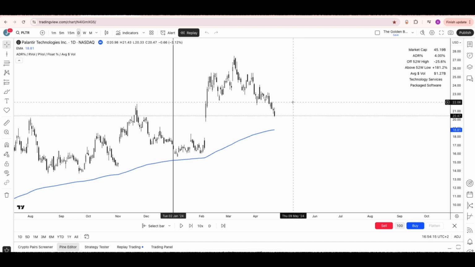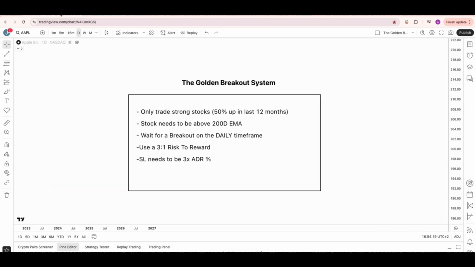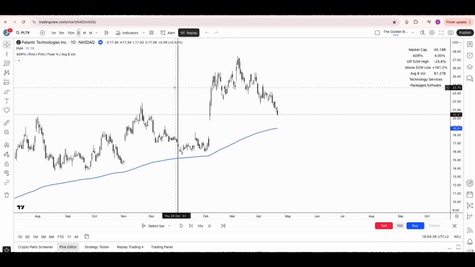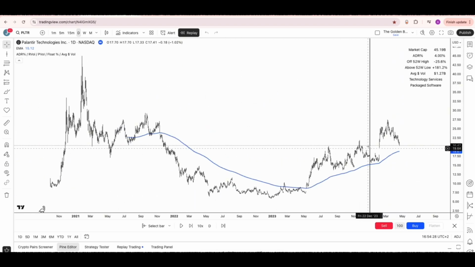So we don't want to trade stocks that range too much. We want to trade stocks with momentum. So our second criteria is the stock needs to be above the 200-day moving average. And as you can see, the stock clearly is above the 200-day moving average.